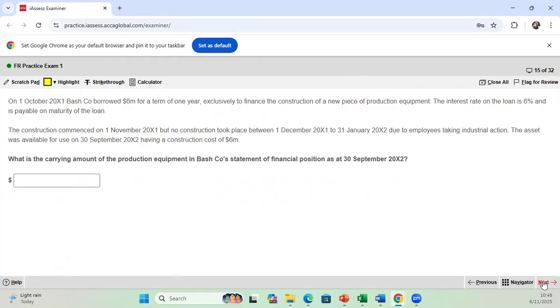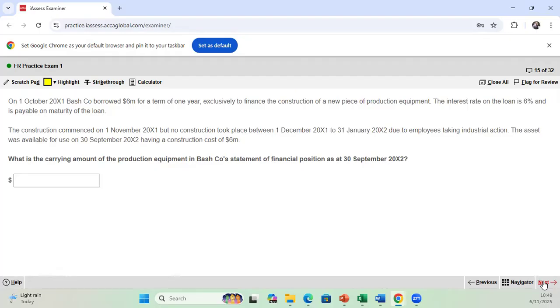Last question for section A. On 1 October 20X1, Bash Company borrowed 6 million for a term of 1 year, to finance the construction of a new piece of production equipment. The interest rate on the 6% loan is payable on maturity.